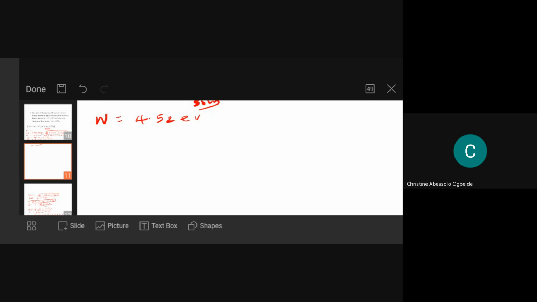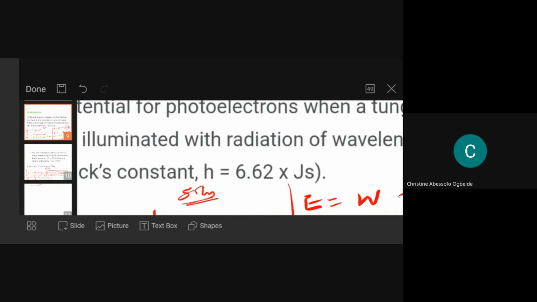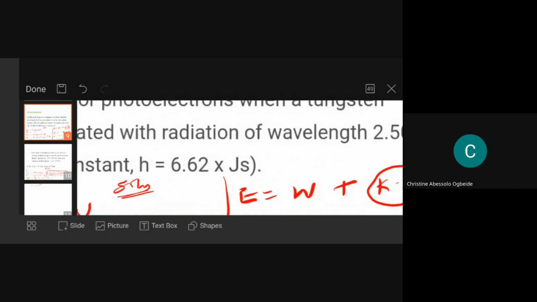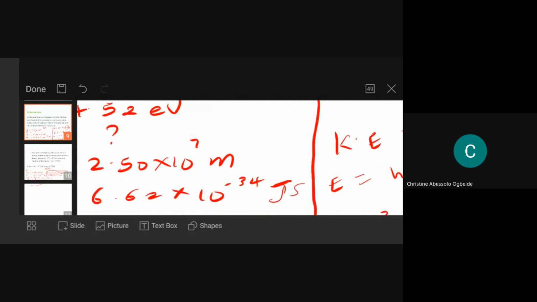And also, we're asked to find the cutoff potential, and then we were given the wavelength as 2.50 times 10 to the 7, from what I wrote down before.